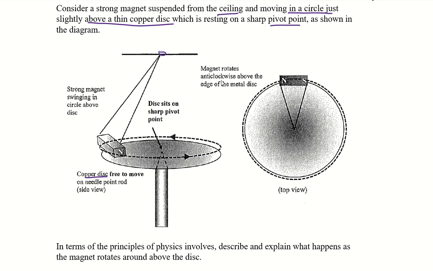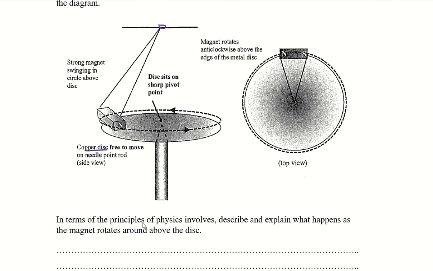The magnet rotates anti-clockwise above the edge of the disc. The disc sits on the pivot point, and from the indicator of this, I assume these dotted lines indicate the moving magnet. In terms of principles of physics, okay, so that's what we need to look into.